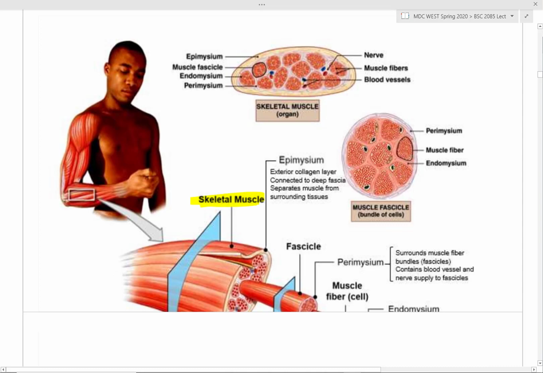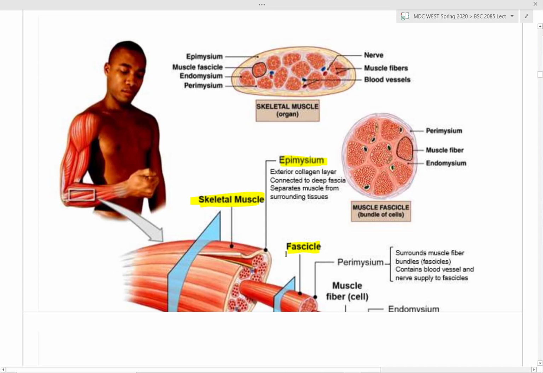Right. So, on the outside of a skeletal muscle, you have a layer that protects it, and that is known as the epimysium. Epi, outside. Then, inside that epimysium, you have the next segment. So, one inside the other, right? So, first of all, skeletal muscles, then you have what?